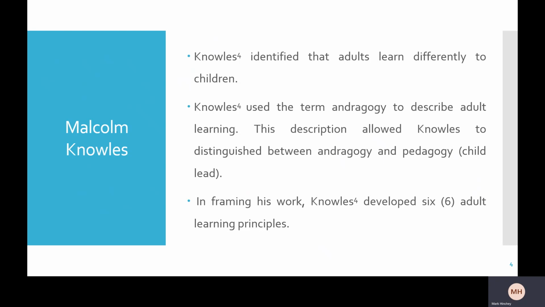Even though we as adult educators in the higher education sector speak to pedagogy as part of our teaching and learning practice. Now, in framing his work, Knowles developed 6 adult learning principles. So we're going to look at those learning principles individually, break them down, and then work towards their application.